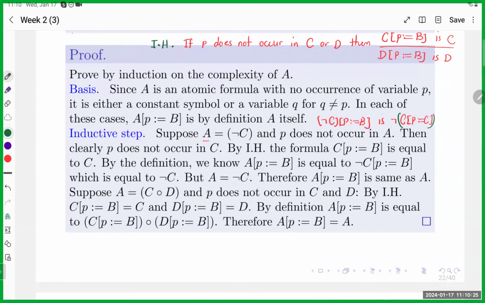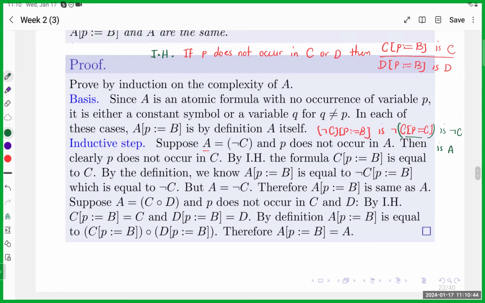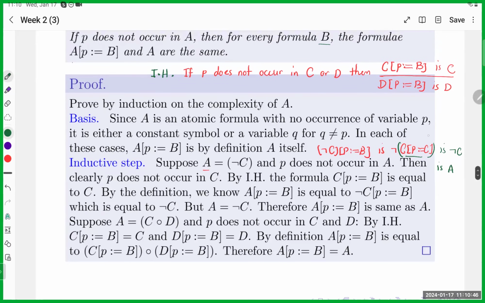But this, by inductive hypothesis, is C. So what we get is negation of C, which is A. Oh, this is B. Sorry. Thank you. Yep.